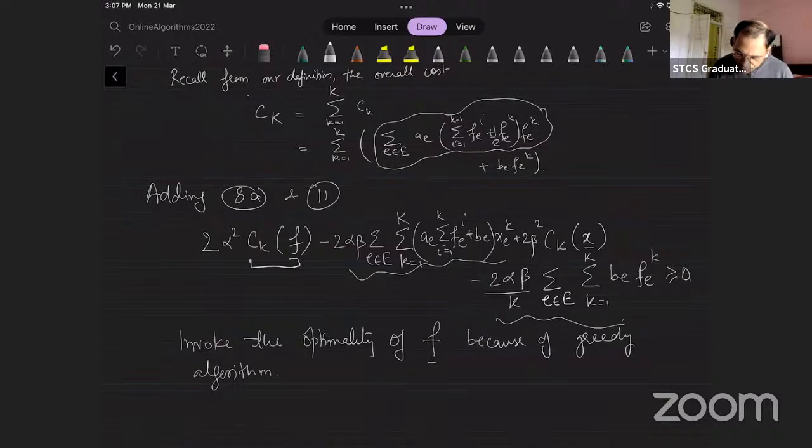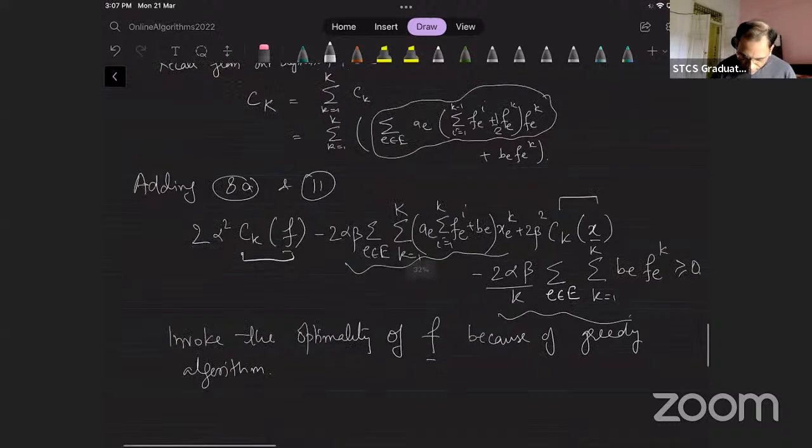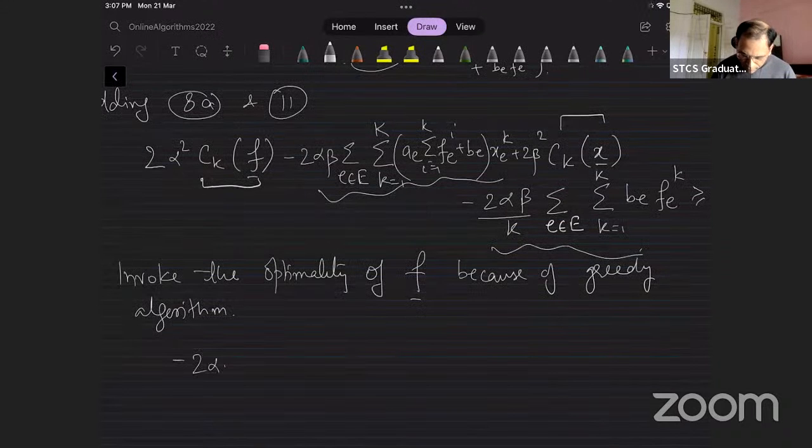They're already in the form which I want to have. This is CKF, which is the cost of my algorithm. This is CK of X, which is the cost of any other algorithm. What are the terms on which I can invoke my optimality conditions? In other words, what are the terms which involve both F and X? There is only one term which involves both F and X, which is the middle term, which is minus 2 alpha beta summation.